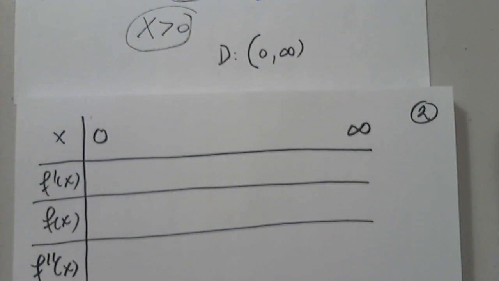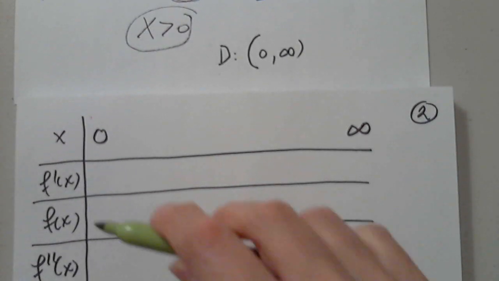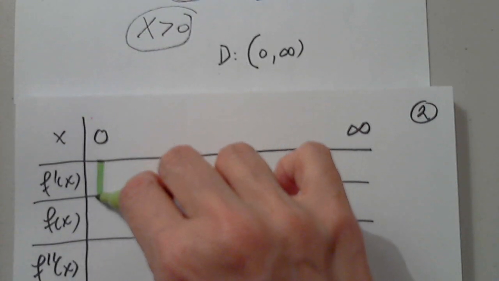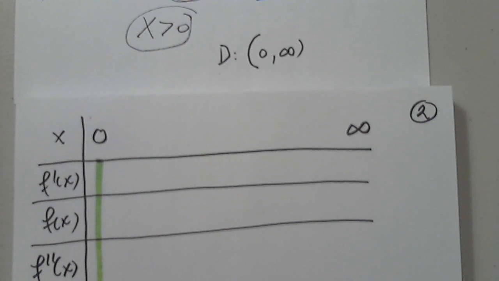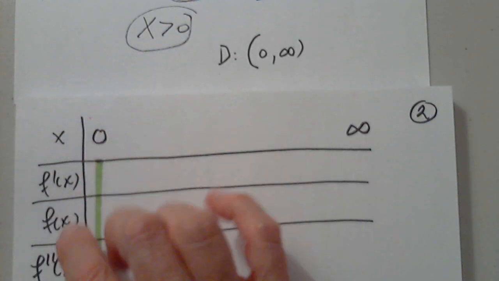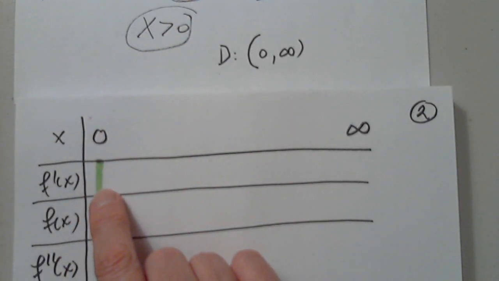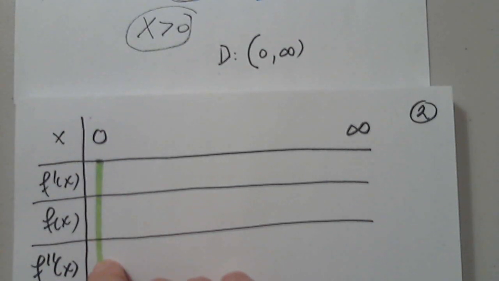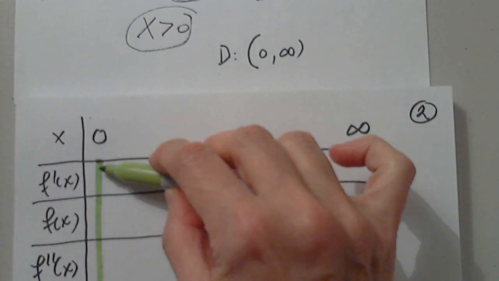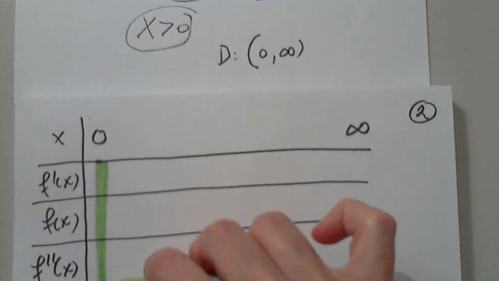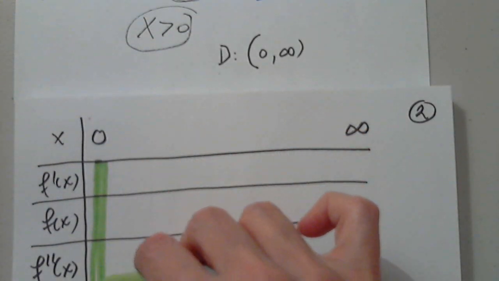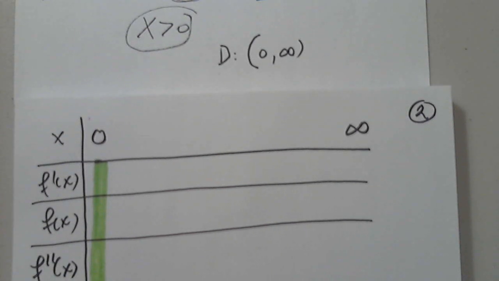Notice what I'm going to do next. Which means I cannot plug in 0 in the function, and of course I won't be able to plug in 0 in the derivative or first or second. So there is nothing here. I cannot put in any number in there.